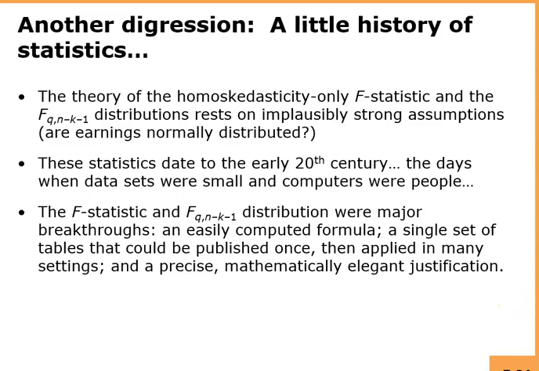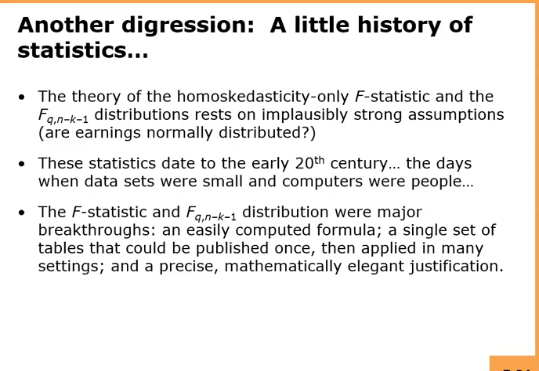So the homoskedasticity-only F-statistic obviously relies on very strong assumptions that there is no heteroskedasticity present in the residual terms, which more often than not is not the case. But there's a historical context to the importance of this, and obviously this is a very old finding in statistics from the early 20th century. In those days there were no calculators, there were no computers, and data sets were also pretty small because data collection was not very advanced in that age.